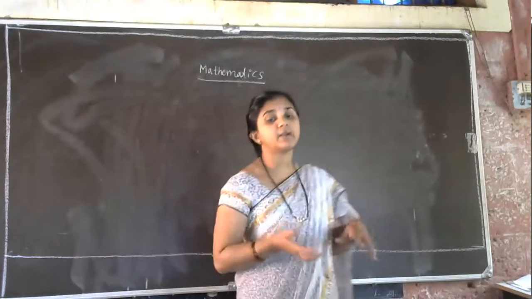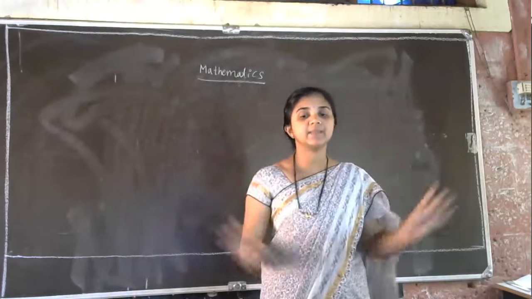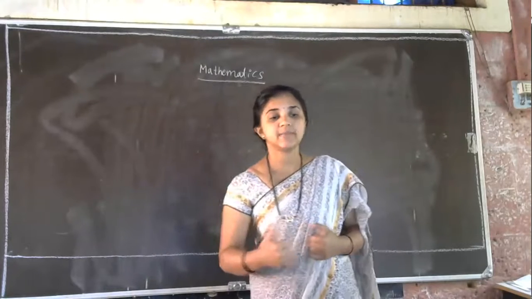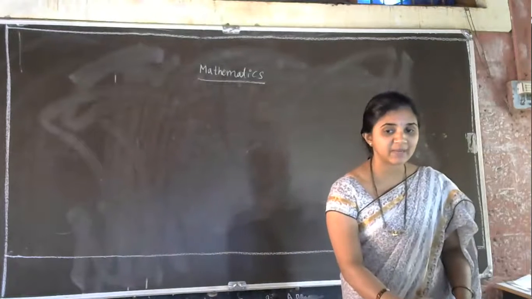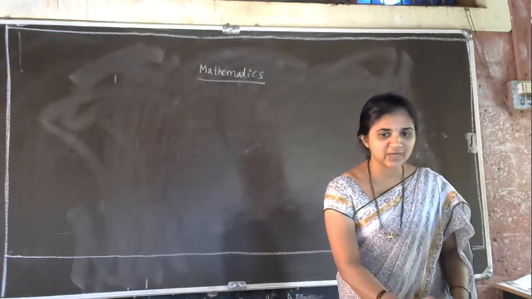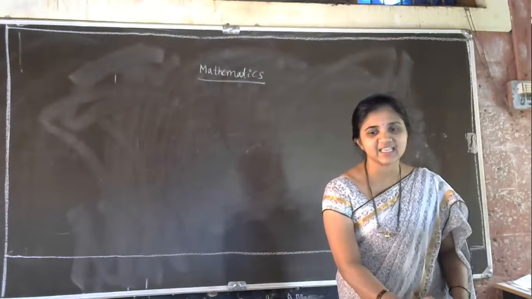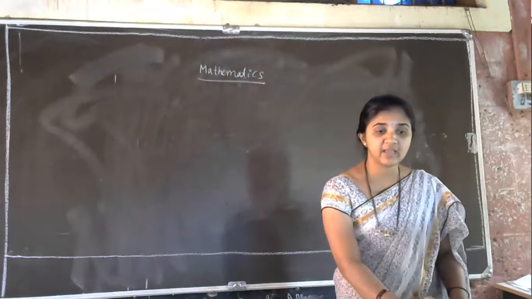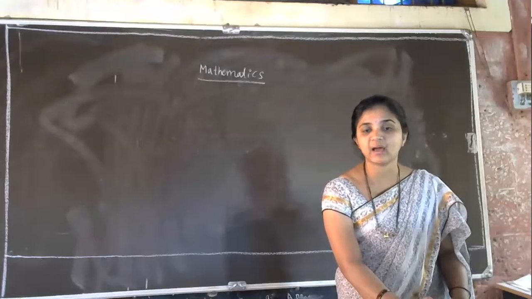Yes, according to the similarity criterion, we can say that the two triangles are similar. Okay, got the idea how to apply SSS? If all three sides are in proportion, we can say that it is SSS similarity. Therefore, triangle ABC is similar to triangle RQP.